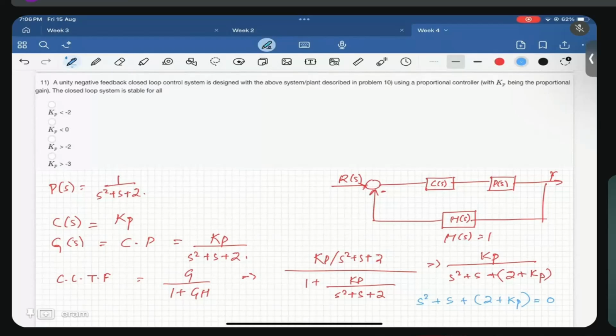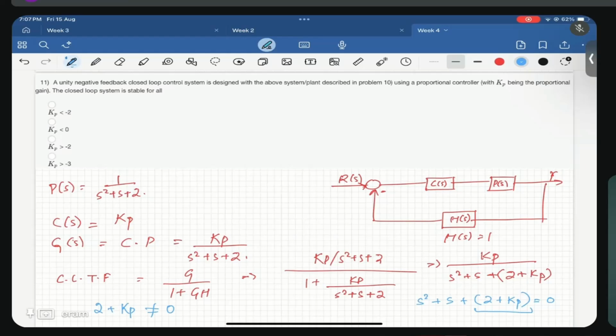So for a second order polynomial to have roots on the LHP, what do we need to ensure? The first condition is all the coefficients should be non-zero. So first we have to ensure that 2 plus Kp should not be equal to 0. Another condition is that all should have the same sign.